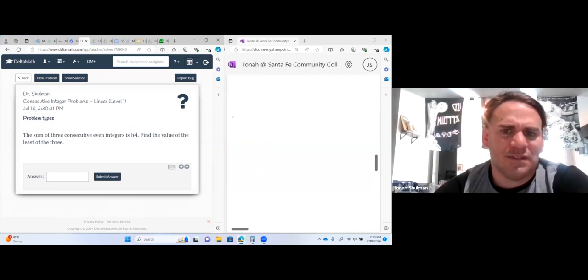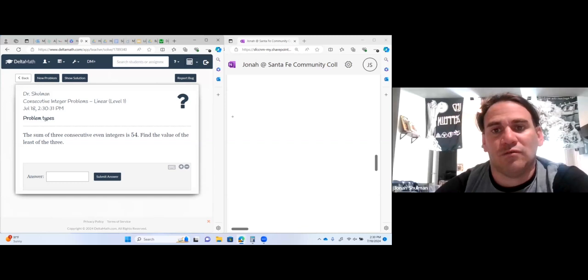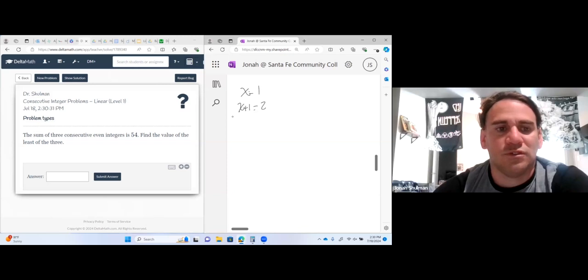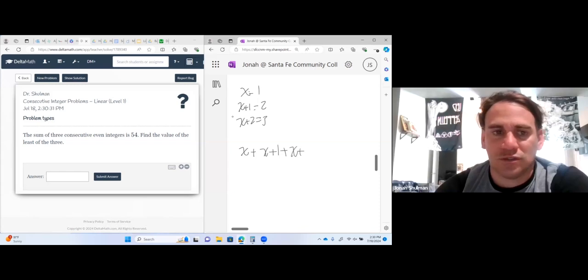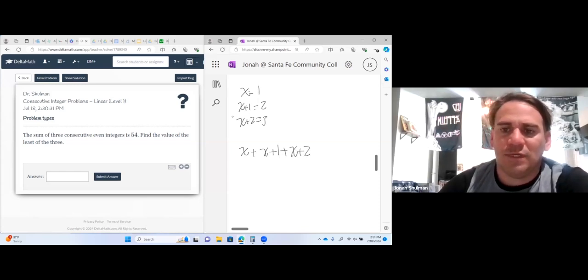The sum of three consecutive integers is 54. So x is the first, x plus 1 is the second, x plus 2 is the third. Sum means we add them all up. x plus x plus 1 plus x plus 2 equals 54. I have how many x's? 1, 2, 3. So that's 3x.